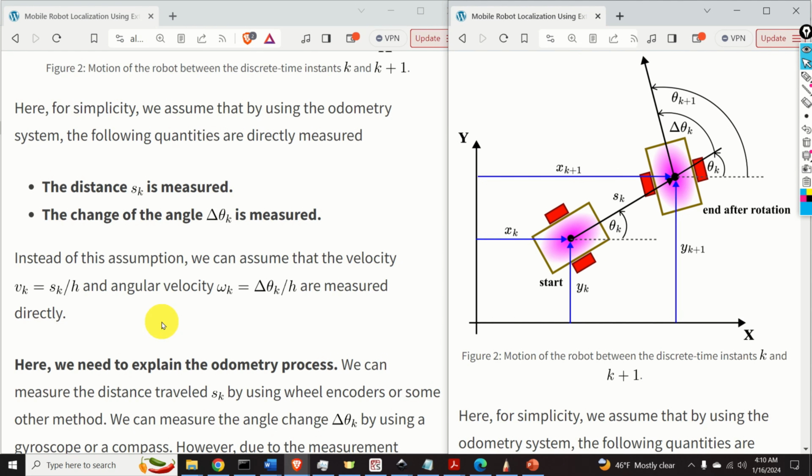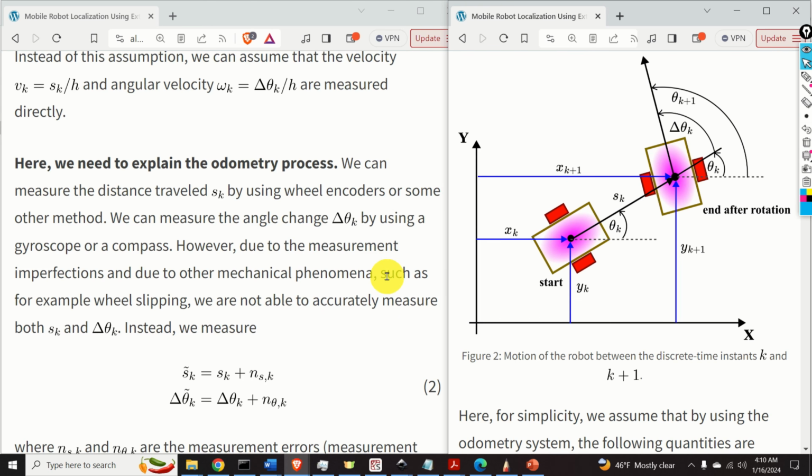Here, for simplicity, we assume that by using the odometry system, the following two quantities are directly measured. First of all, we assume that Sk is directly measured. Then, we assume that the change of the angle delta theta k is also measured. Instead of these two assumptions, we can also assume that the velocity and the angular velocity of the mobile robot are directly measured.